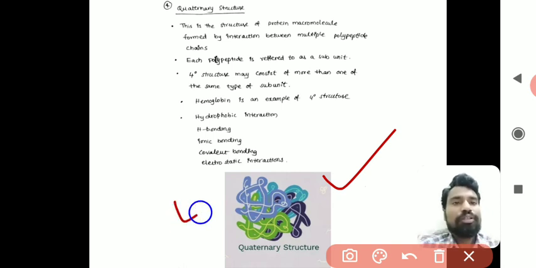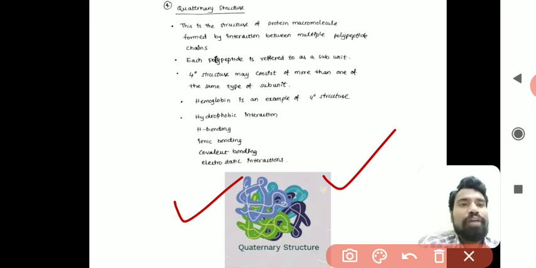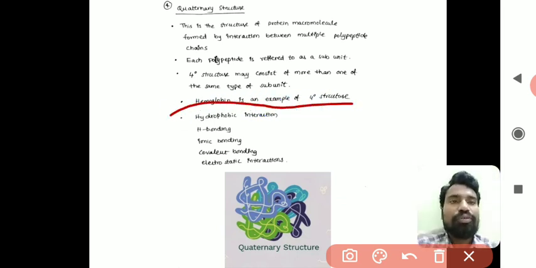This quaternary structure may have similar polypeptide chains, or subunits, or different kinds of subunits. For example, hemoglobin is an example of a quaternary structure of proteins.